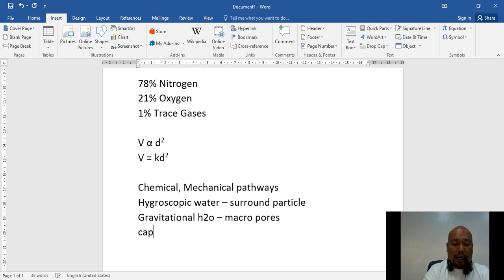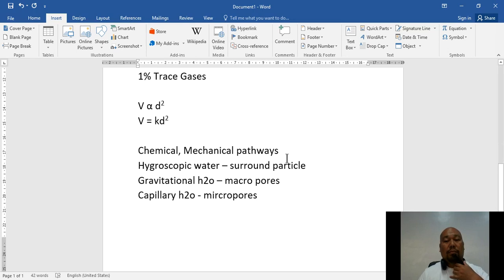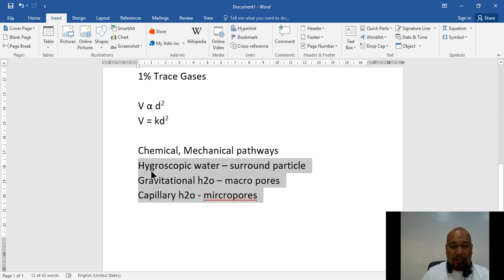Sunod, ang capillary water, naa siya sa micropores. So again, tulo ka klase ang tubig nga naa sa yuta. It can be hygroscopic water, it can be gravitational water, or capillary water. Now, gravitational water can readily be drained.